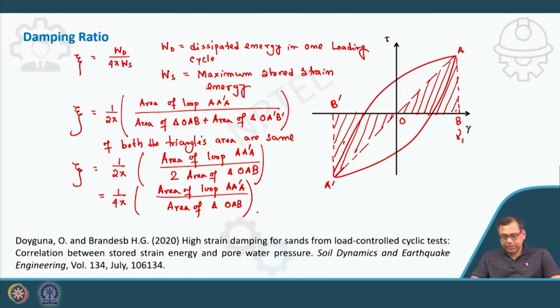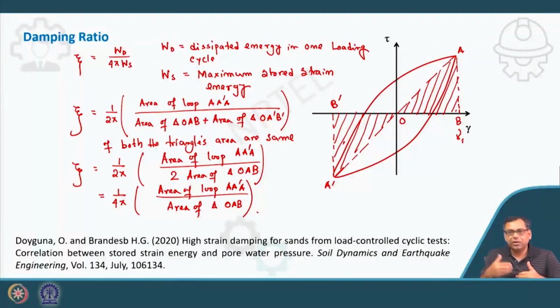Okay, so in that case it is recommended that this equivalent linear approach, if it is a very high strain level, and in all these difficulties you will mostly get very high strain level, where this equivalent linear approach basically overestimates the stored energy. So if it overestimates the maximum stored energy, then what will happen?